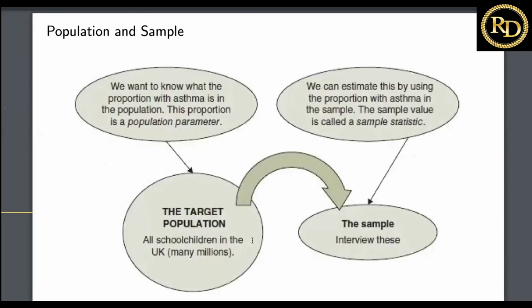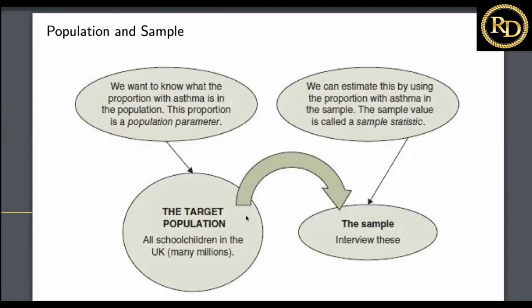So in particular, decision making on the basis of the data. You have to understand that this is the target population. The target population is all the students who are going to school up to class 5th. And we want to know what proportion of them are suffering from asthma.